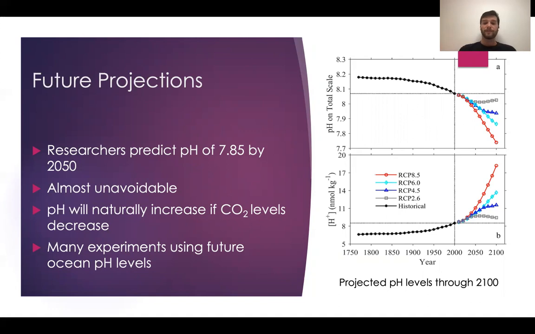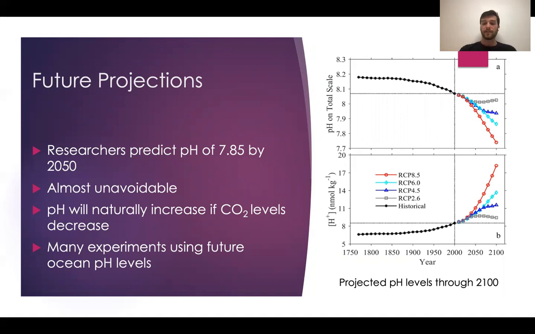Then the bottom graph is like a concentration of protons. So as you know, acids, by definition, release protons and bases accept protons. So as there's more acid in the water, there's going to be more protons.